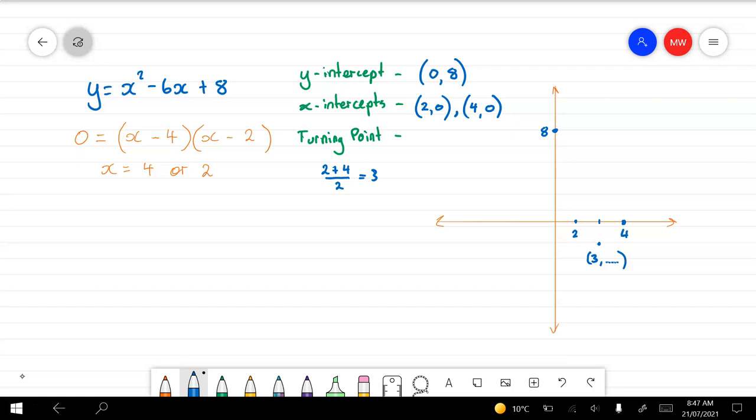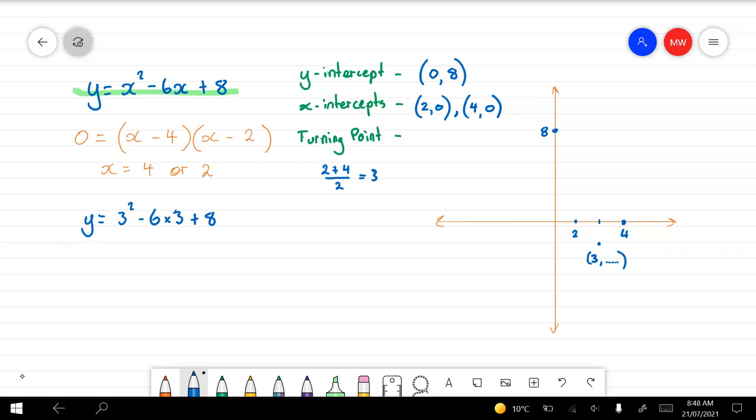So you can take that 3, because it's an x value on the line, and substitute it back into the original equation. So if x is 3, y will be 3 squared minus 6 times 3 plus 8.